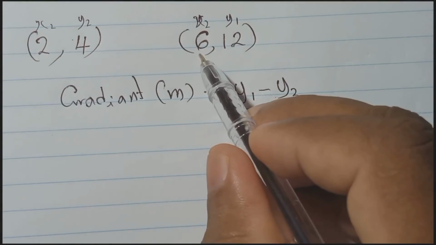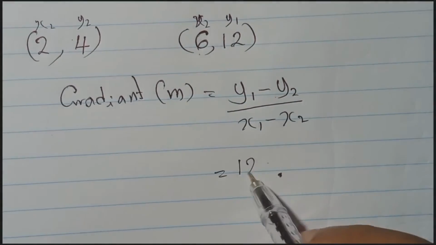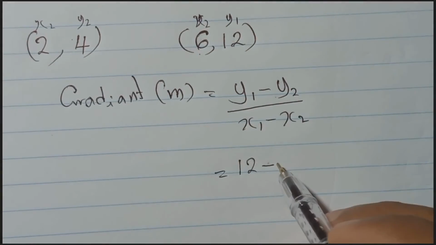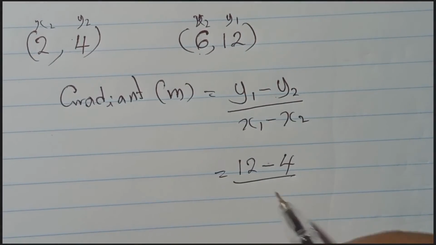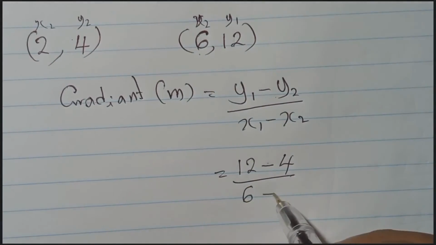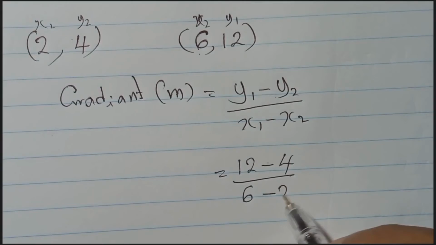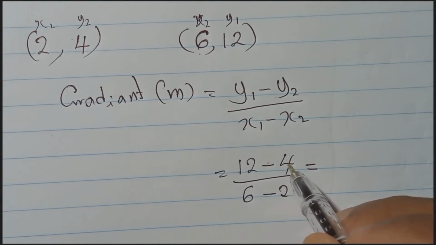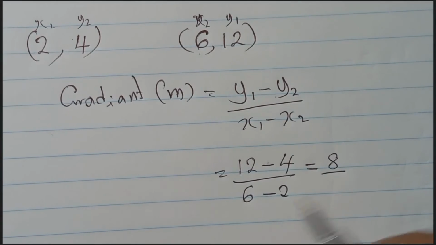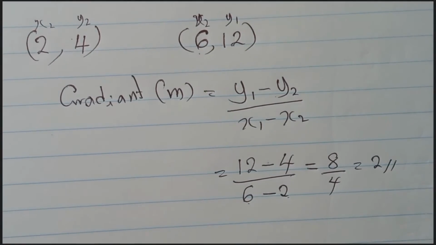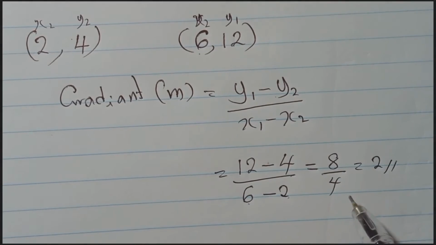Then from this I will subtract this, that means 12 subtract 4, the y values, over the x values, 6 subtract 2. So 12 minus 4 is 8, 6 minus 2 is 4. So here your final answer is 2. That means the gradient is 2.